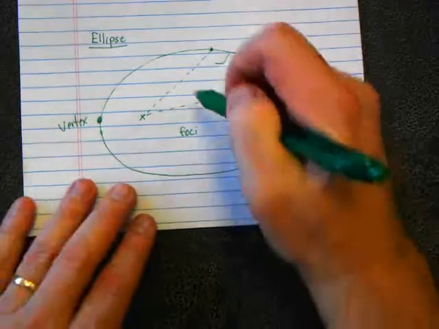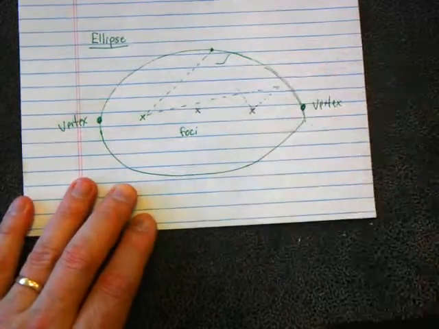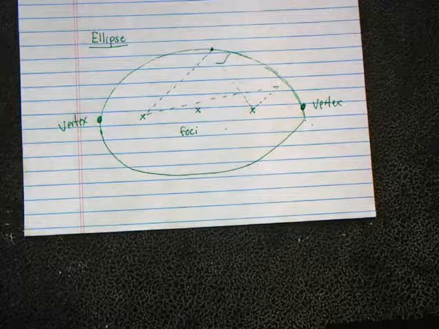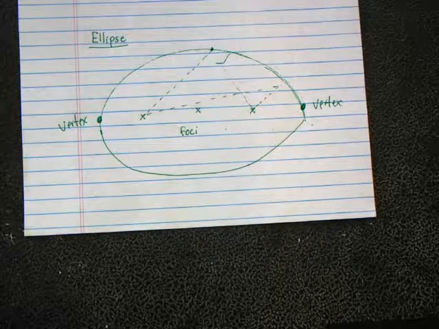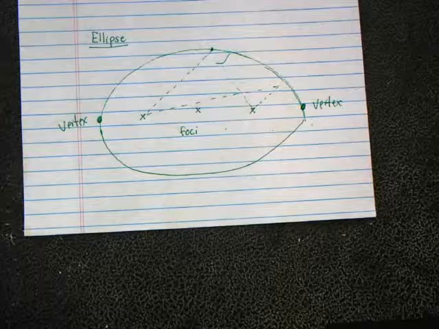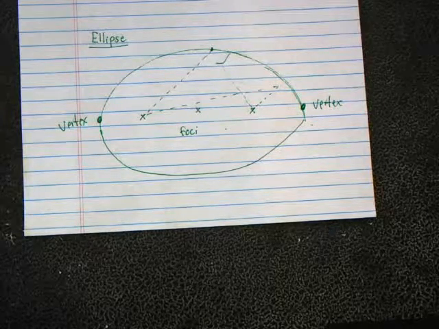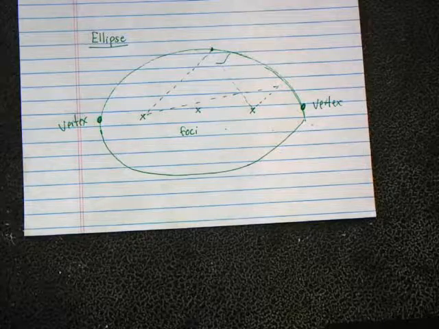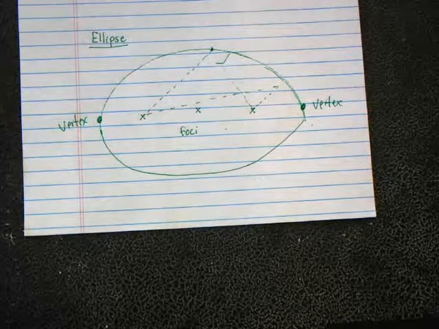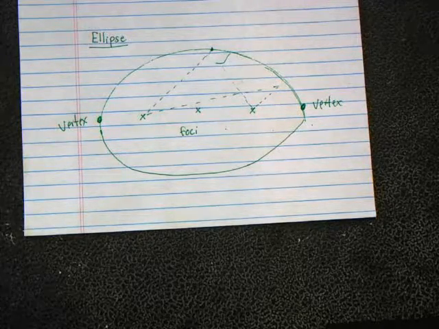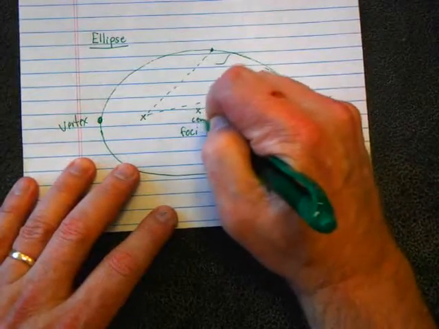We also have a point right in the middle. What do you call the point right in the middle? Not focus. Not directrix. Midpoint's close. Give you a hint, it's right in the center. So we call it center. This is called center.